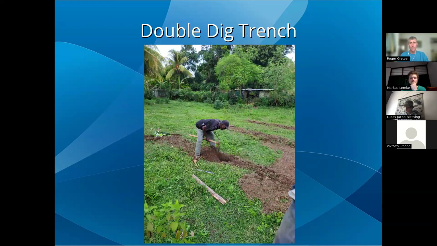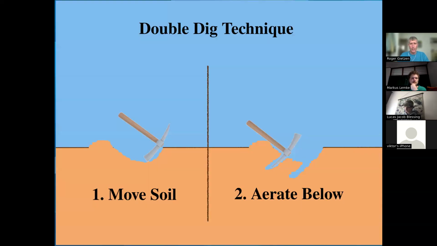And to double dig, I think this image shows it best. Basically, we want to avoid mixing too much of the topsoil because the top layer is more fertile than the lower layer. So we're trying to break that compaction area and aerate, but not disturb our fertility layer.